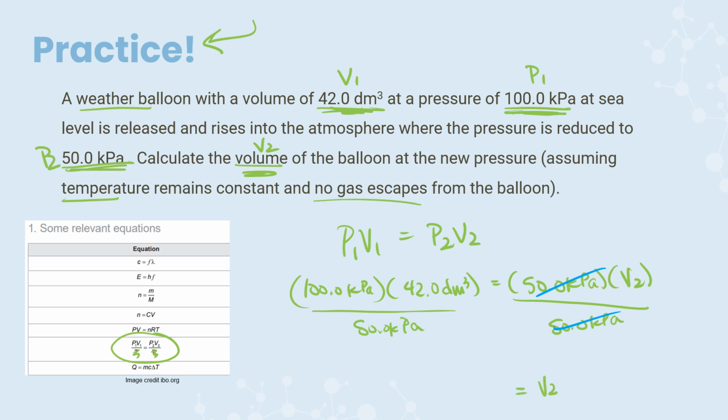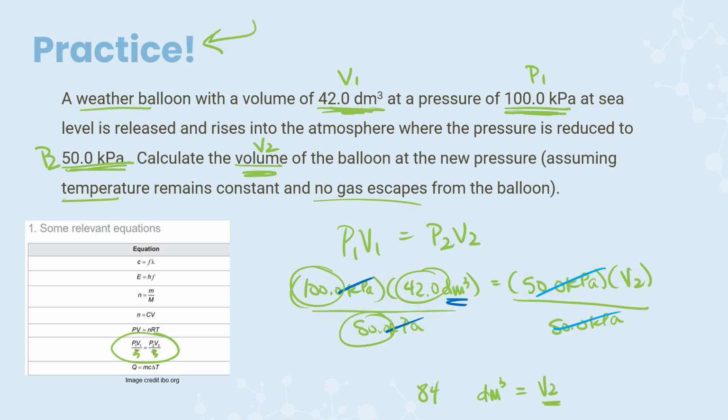And that's going to be equal to, you know what's going to cancel out on the left? Kilopascals, top and bottom. So we're going to be left with cubic decimeters as our unit label, which is super good because that's a unit of volume that we want to find. So that number is going to be 100 times 42 divided by 50. And when I plug that into my calculator, I get 84.